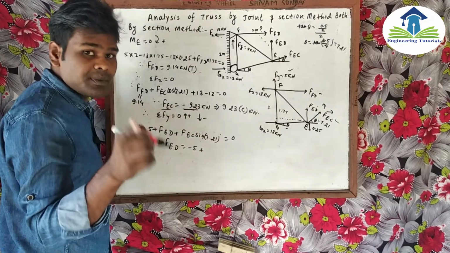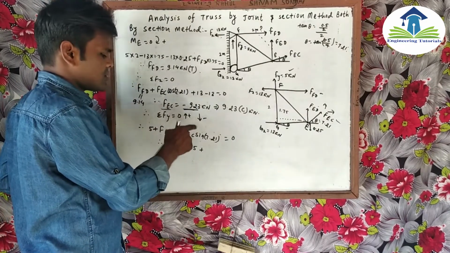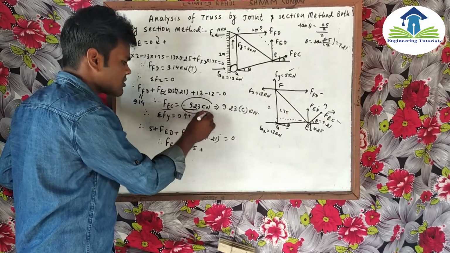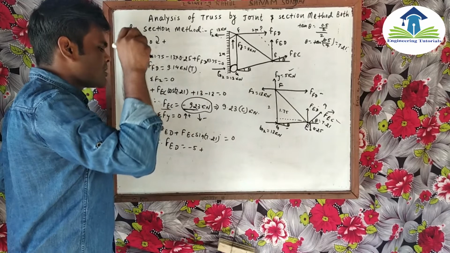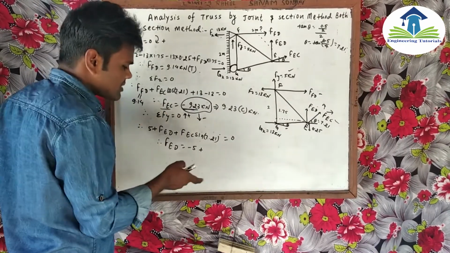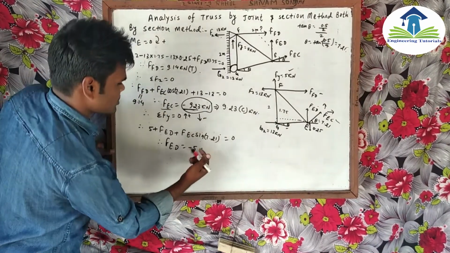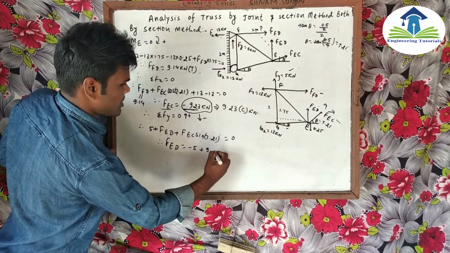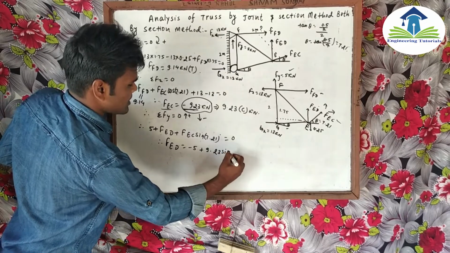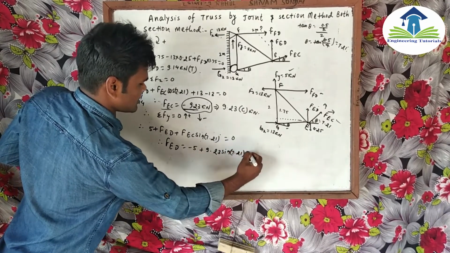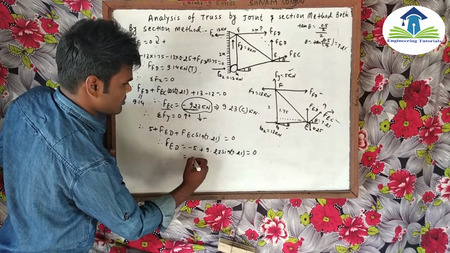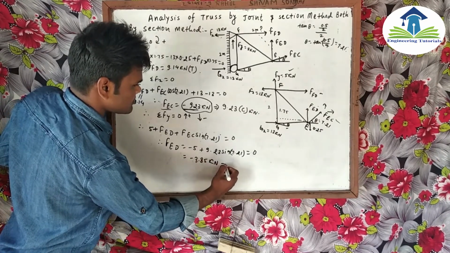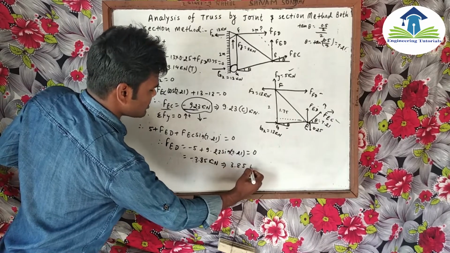Remember one thing: we have to substitute the value of any quantity which we have calculated. So minus 9.23, so this is going to be plus 9.23 sin 7.21 is equal to 0. If we calculate the value, it is minus 3.85 kilonewton. So this is also a compression force.